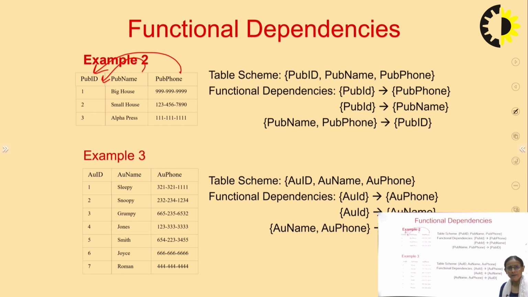In this example, we have the schema with three attributes, and according to this, author phone number is dependent on author ID and the author name is again dependent on author ID.